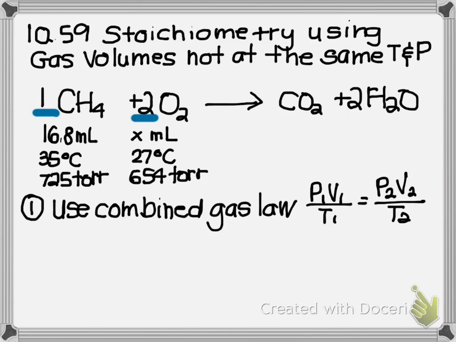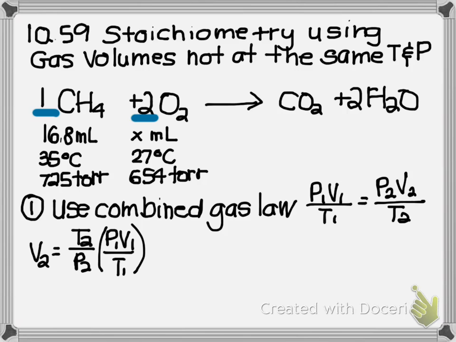I'll take my methane at its current conditions and calculate the volume of that methane at the same conditions that the oxygen is at. So I would be solving for V2. If I rearrange the law, V2 equals T2 over P2 times P1V1 over T1.